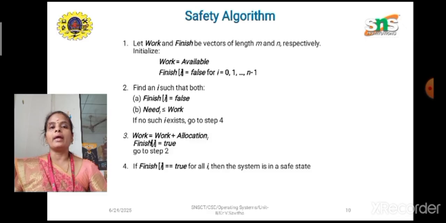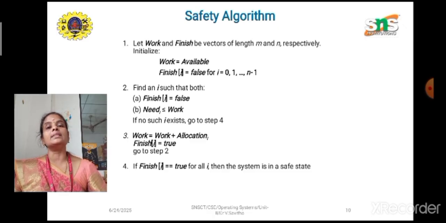Second, for every process whose Finish is false, we have to check that the Need is less than or equal to Work, that is, the need should be less than the available resources. If the need is not less, then we have to wait.